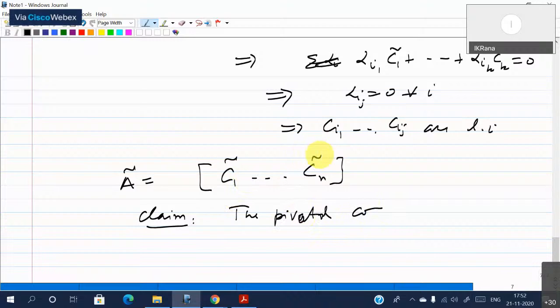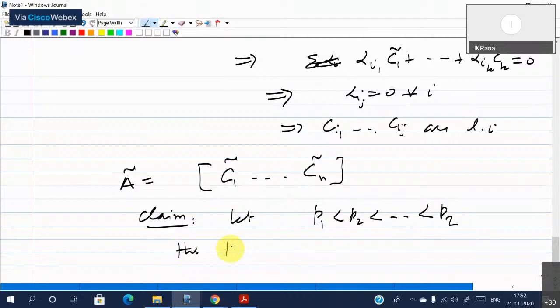See, there were the pivots. So what were the pivots? Remember that p1 less than p2 less than pr are the pivotal columns.